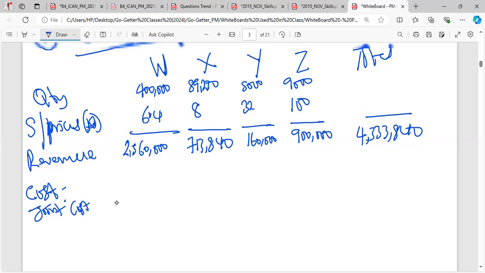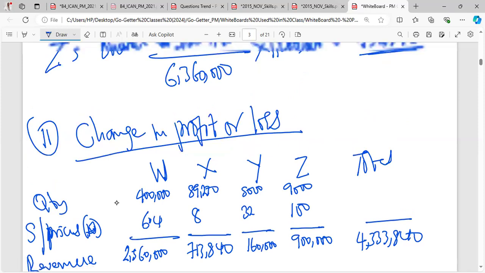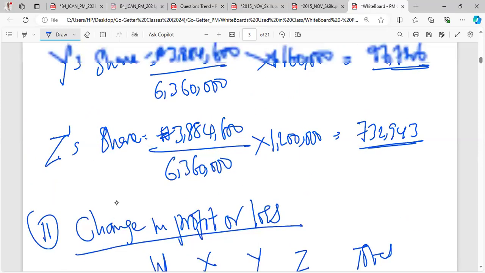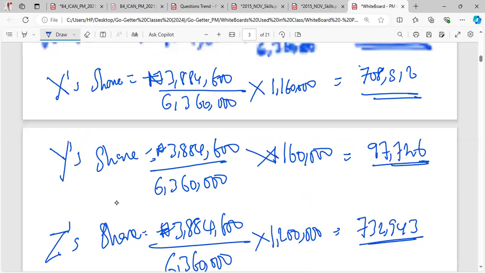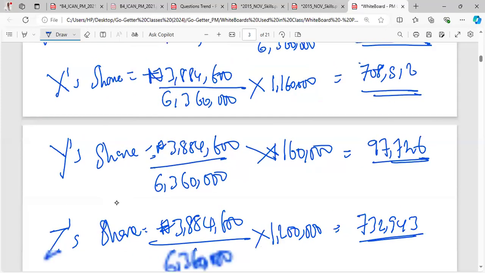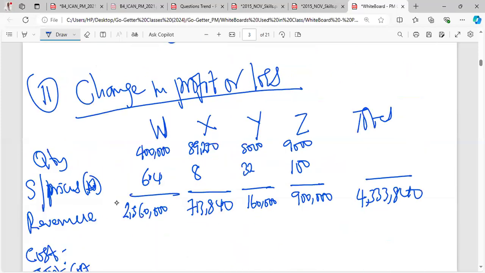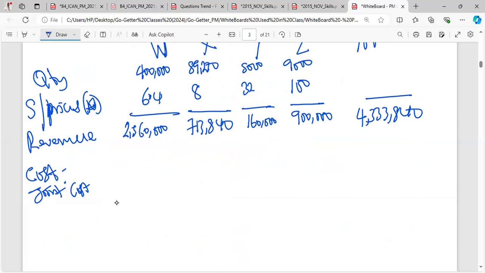What is the joint cost that we had here? You can say this one here, 2345419.